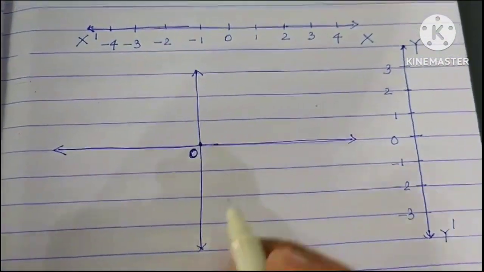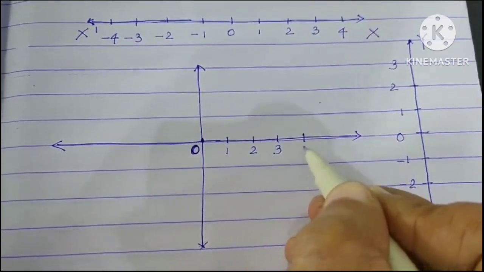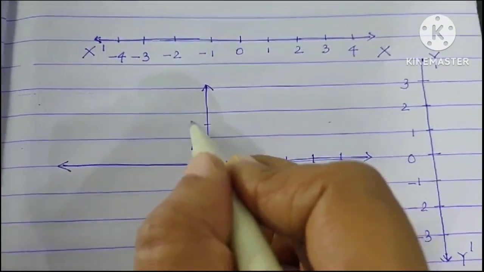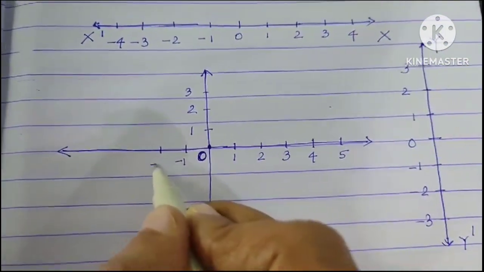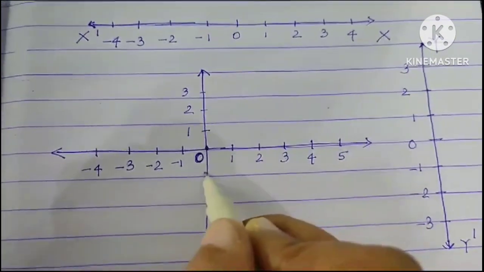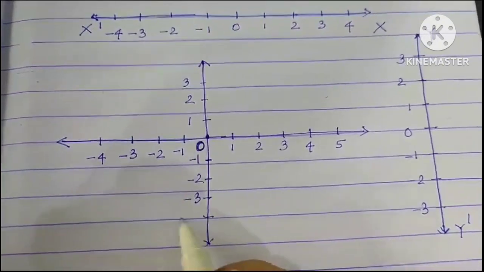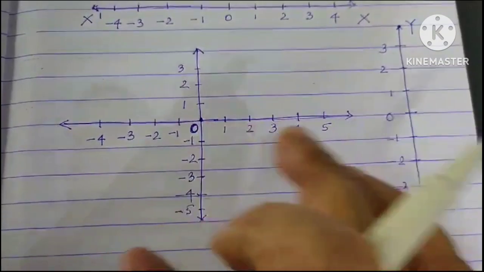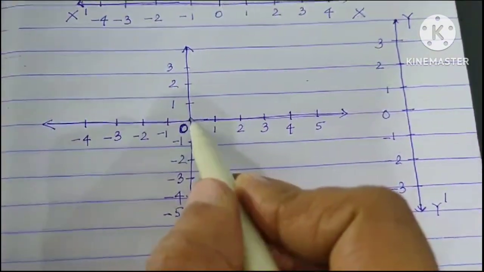Here it is 1, 2, 3, 4, 5. On this side it will be 1, 2, 3, and here it will be -1, -2, -3, -4, -5. So we combine these two lines in such a way that they cross through this origin O.